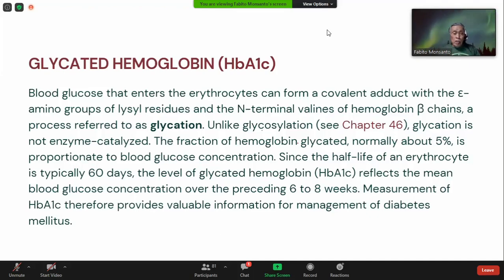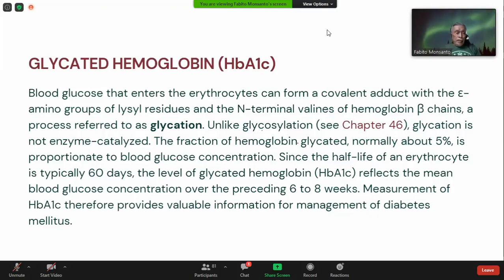So blood glucose enters the erythrocytes and forms covalent bonds with the amino groups of lysine. And so your glucose is there.